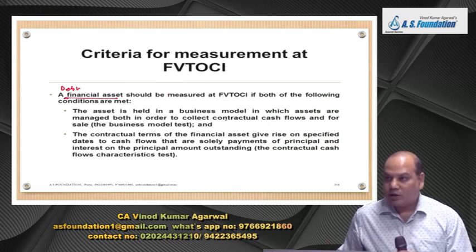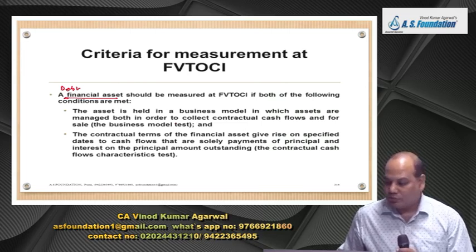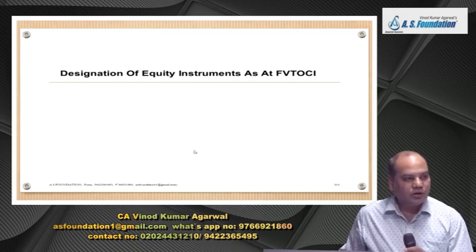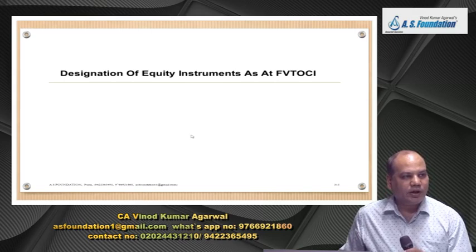The asset is held in a business model in which the assets are managed both in order to collect contractual cash flow and for sale, and the contractual terms of financial asset give rise on specified dates to cash flows that are solely payment of principal and interest. The two conditions are satisfied, then a debt instrument will be FVT OCI.